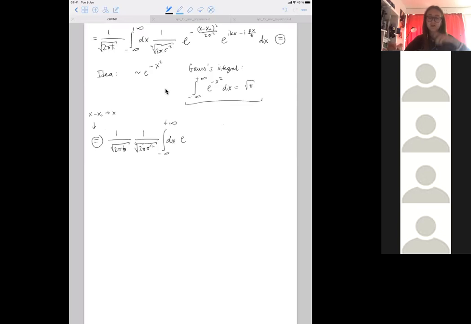The x doesn't change. Here, however, we get the following exponential, will be minus x squared over 2 sigma squared minus i x plus x0 p minus hk over h.